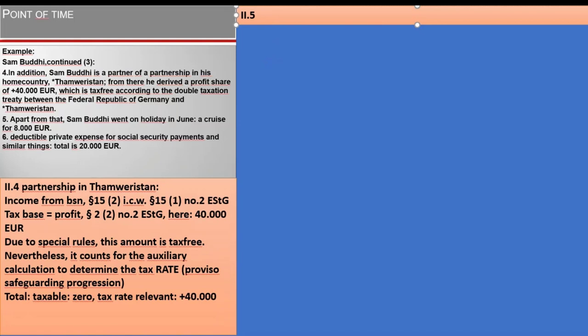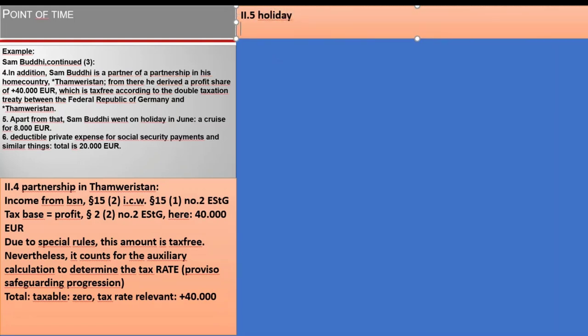And clear, 2.5 holiday. And the answer is no type of income, private expense, not deductible from the income under paragraph 12 ESDG.